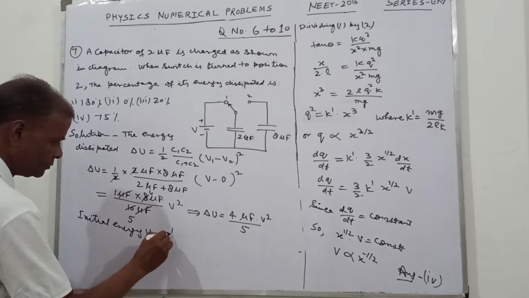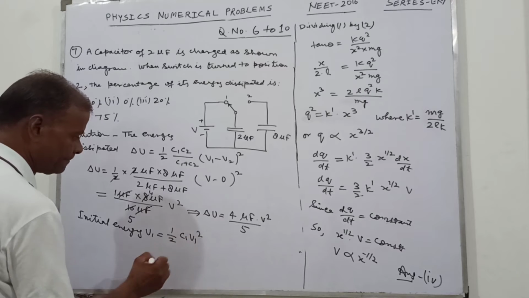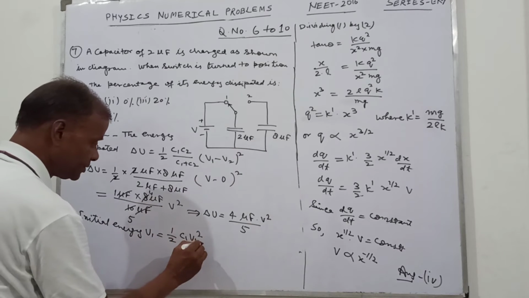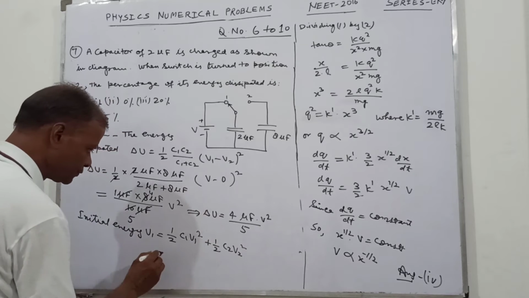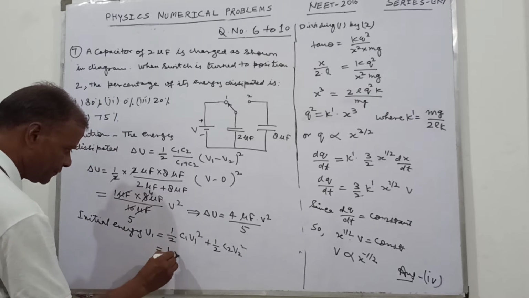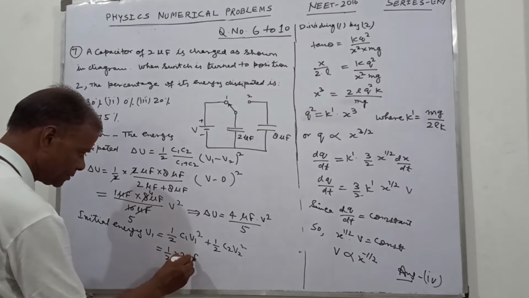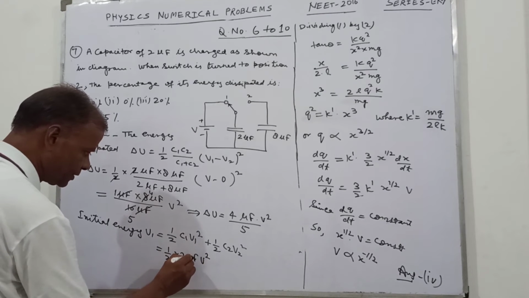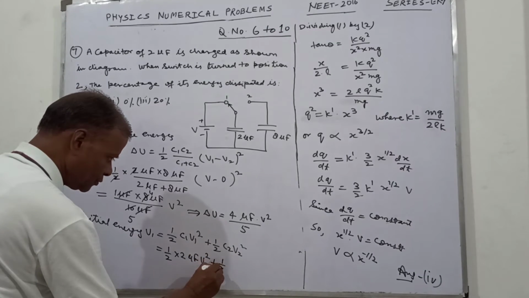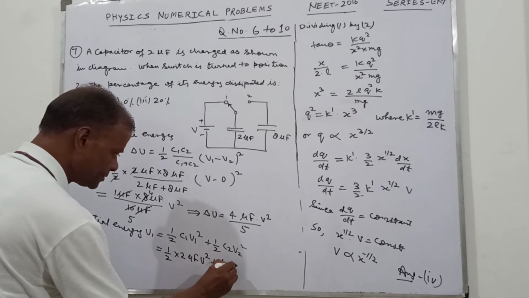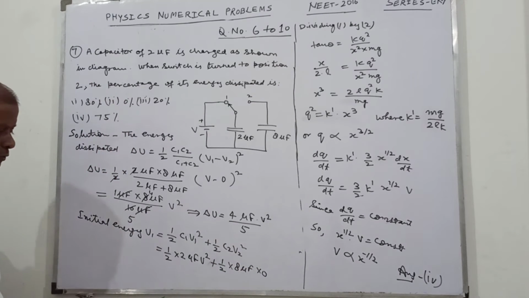U1, this is equal to half C1 V1 square, and this its energy is 0, plus half C2 V2 square. So this is now half, C1 is 2 microfarad, and this is now your V square, plus 1 by 2, C2 is 8 microfarad into V2 equal to 0.